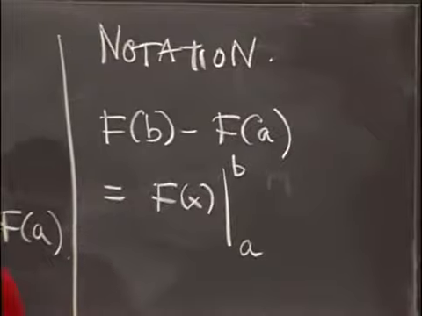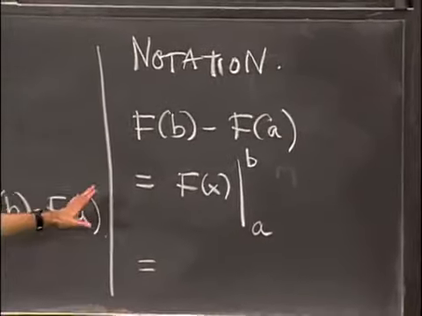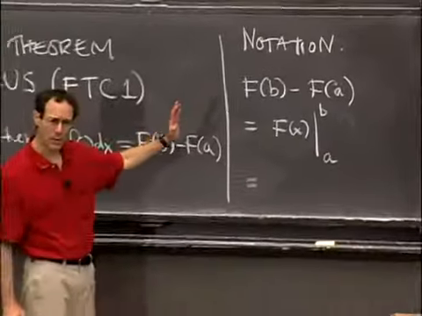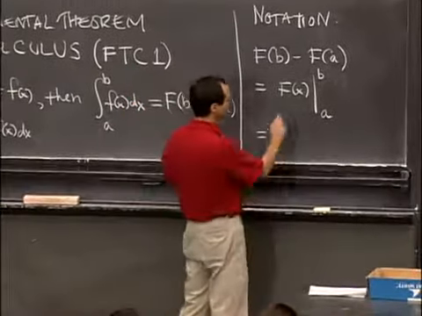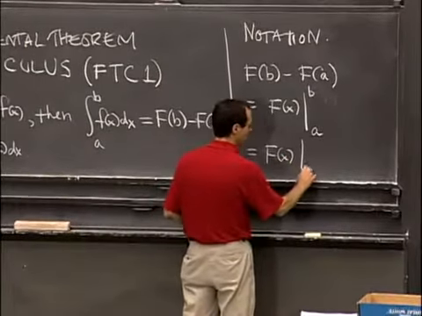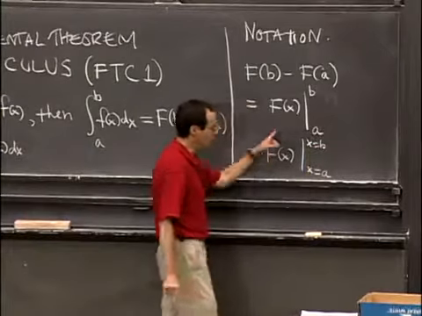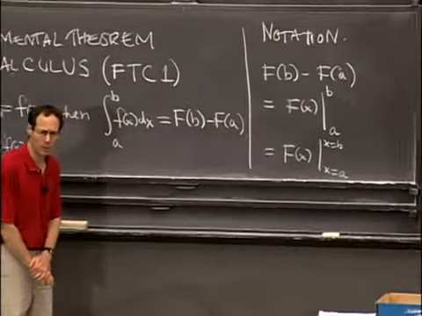And you can also, for emphasis, specify that the variable is x. This sometimes turns out to be important when there's more than one variable floating around in the problem. So this is the same thing as x equals a and x equals b. It indicates what you want to plug in.